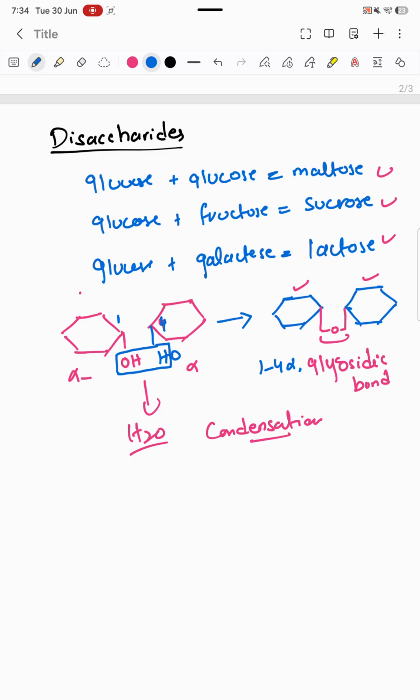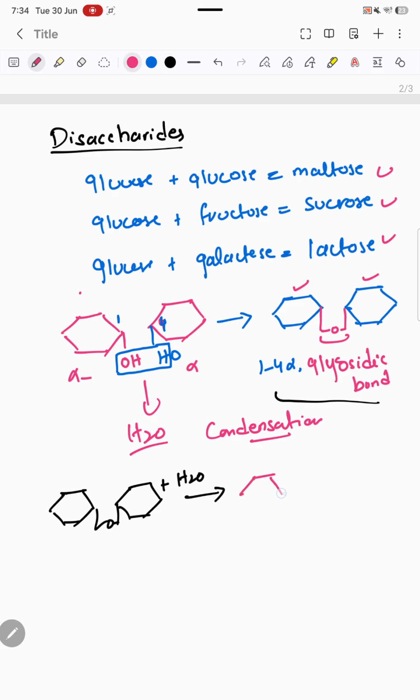So if we add water to the disaccharide, over here this is the disaccharide, the disaccharide is hydrolyzed again back into the monomers.